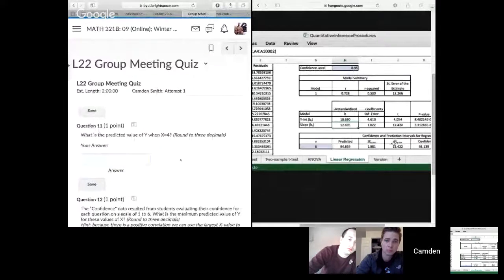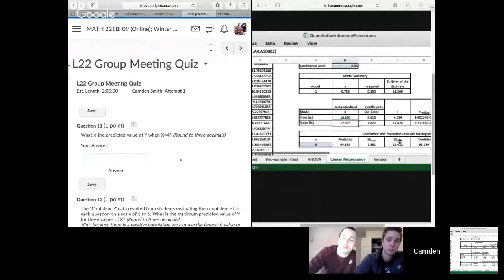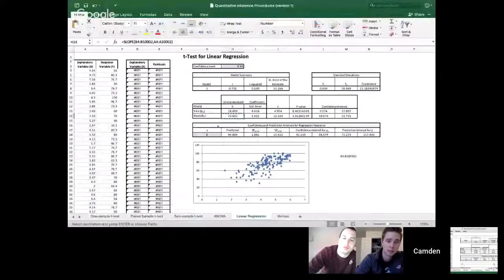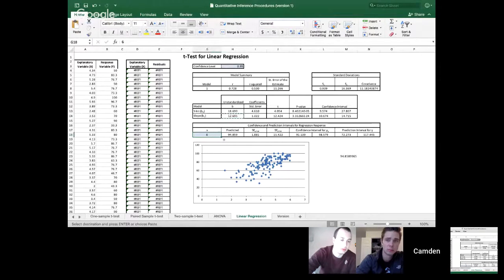The predicted value of y when x is 4. Do we have to go back to that equation? No, you just change it. Do you guys see my screen? Give me 1 sec. It's this right here. It was 6.